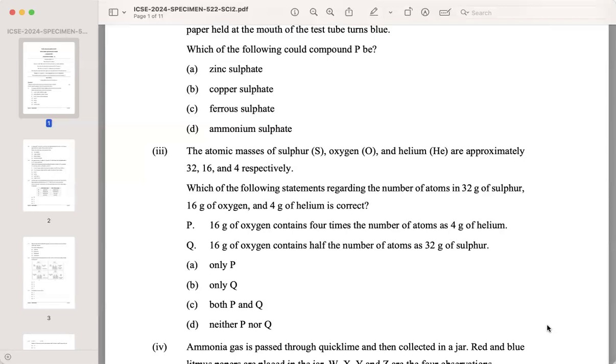And let me remind you that 1 mole of the gas at STP is also equivalent to its relative molecular mass, that is, molecular mass expressed in grams. So for this, your D part is the correct option, which says neither P nor Q.